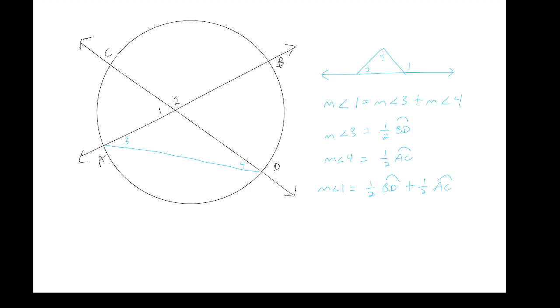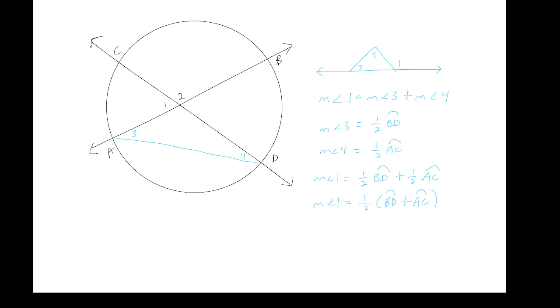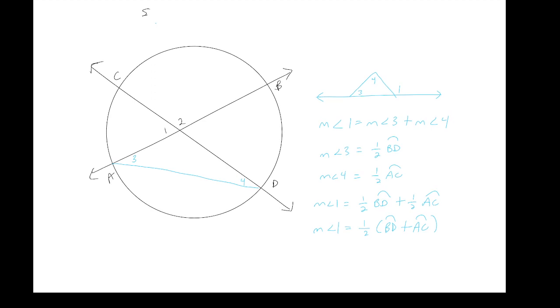And then what I could really say here is that I could take the measurement of angle 1 and I could factor out that 1/2. So I could say that it's equal to 1/2 of arc BD plus arc AC. So what I have here is effectively a theorem, right? That if I take any angle created through what's known as secants, with my intersection in the circle, all right?